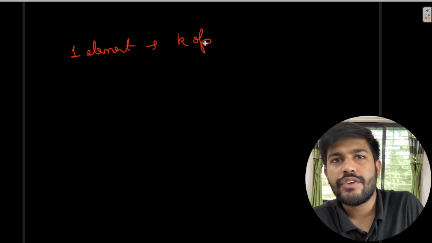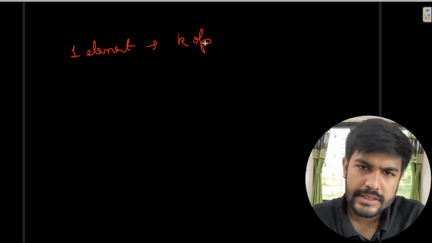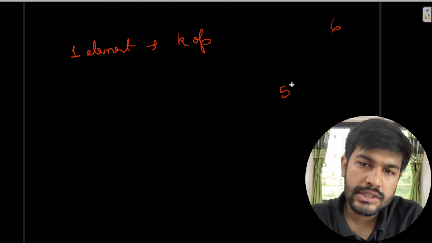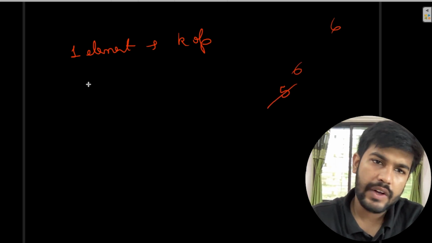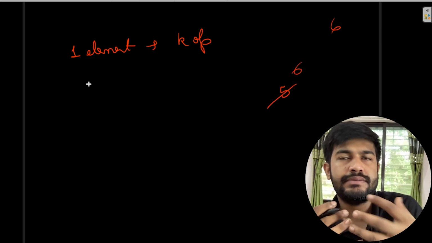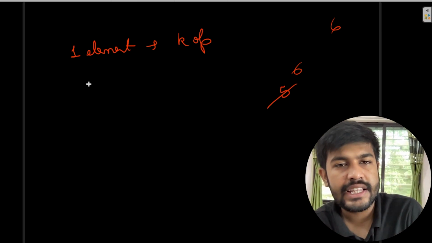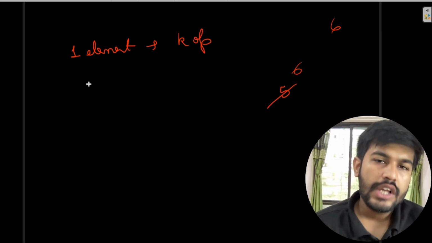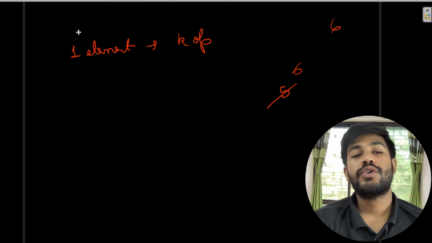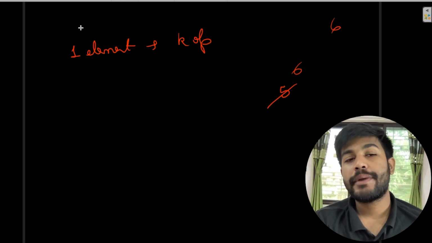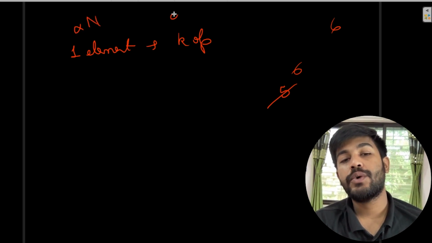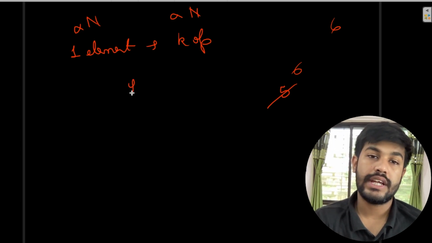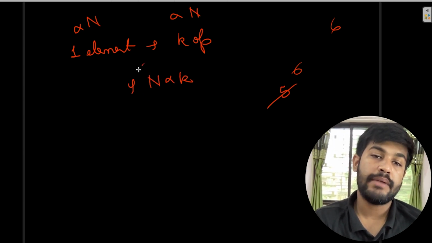We just update the value if we see a better value. That is simple. Suppose we have 5 and then we saw 6, so we would just update it to 6. The comparisons, less than, greater than, equal to, are constant. So comparison is one operation. So for one element we're doing k operations, and for n elements we would be doing n into k operations, that is n multiplied by k.